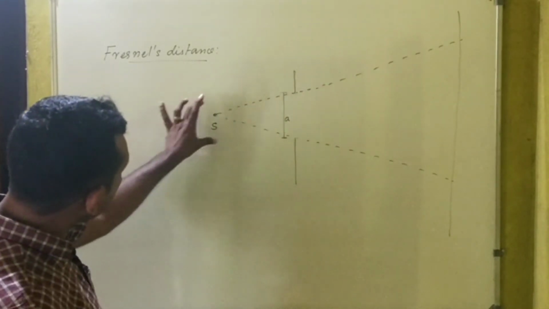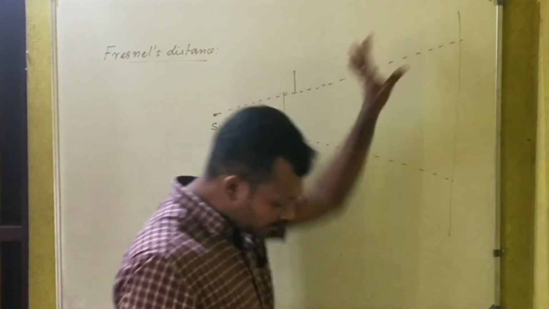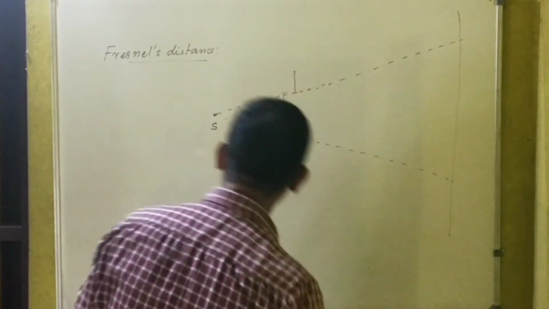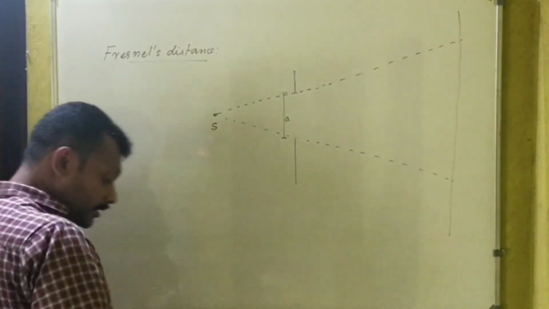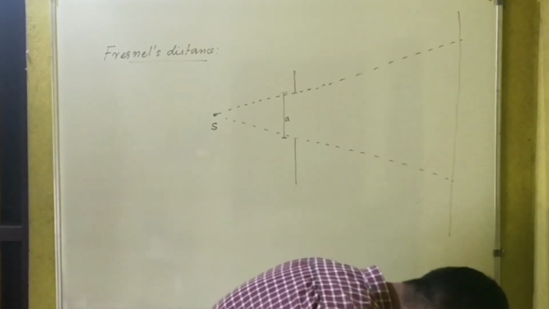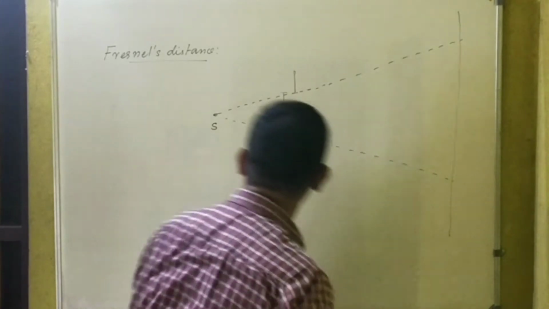If you look at these dotted lines, I will join them by means of a thick line, using a green pen.